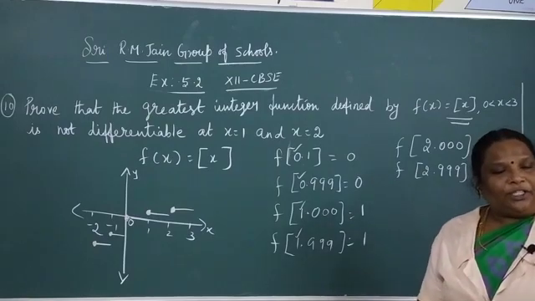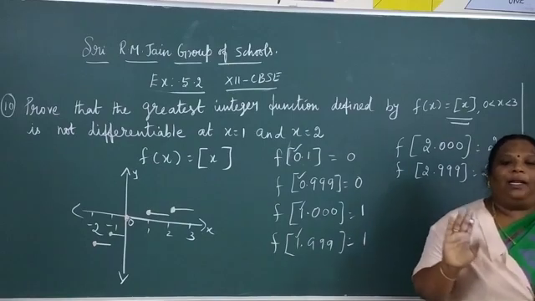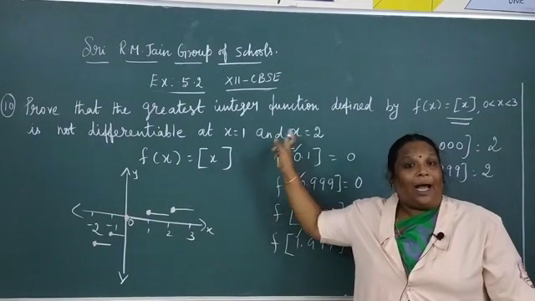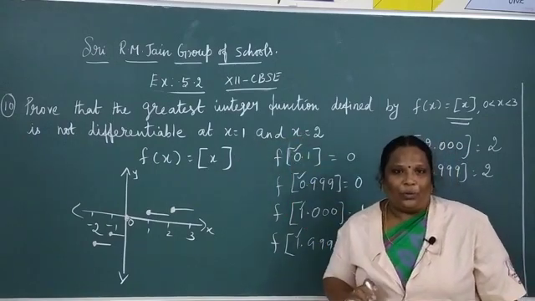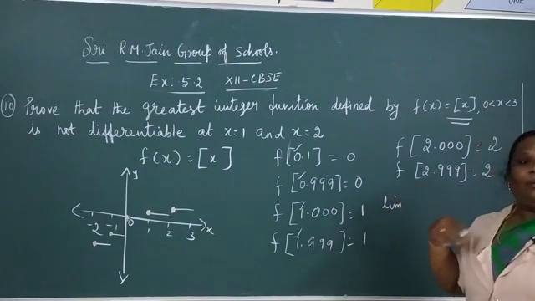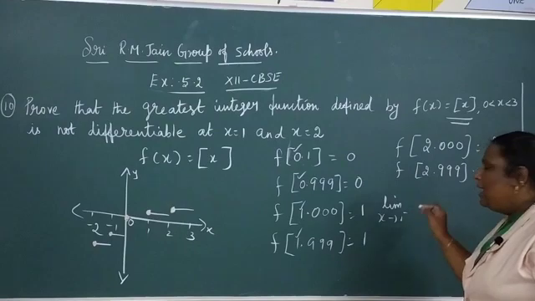See, differentiation is possible only for continuous and limit exist. Suppose they are given as x equal to 1 and x equal to 2. I am not doing the sum, just I am explaining the sum. See, this is a left hand derivative.